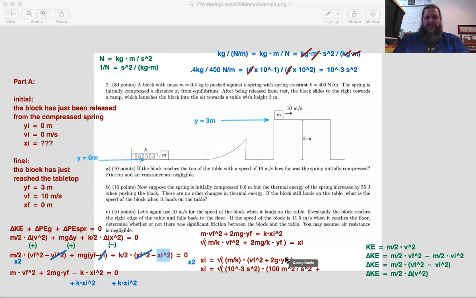What's gravity and what's y final? Yeah, y final is 3 meters. And what are we using for acceleration of gravity here?